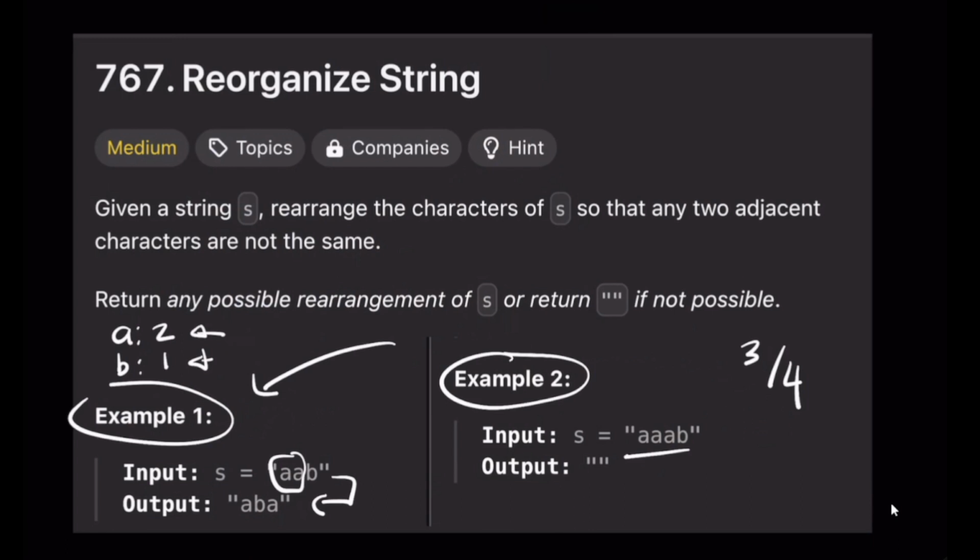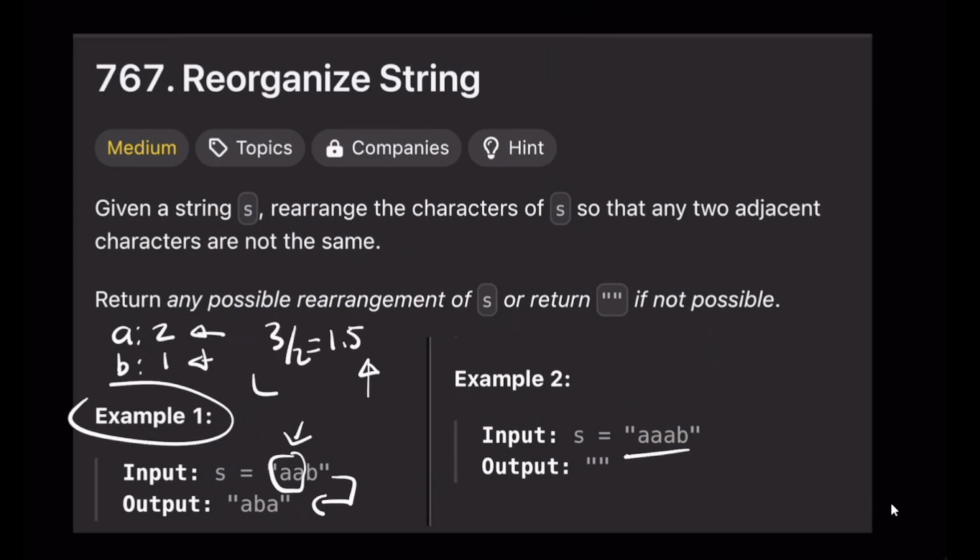A is 2 and the total length is 3, right? So I realized that if the given string has an odd number of characters, we have to round up, and that will be our limit of how frequent a letter can occur. So 3 divided by 2 is 1.5. Rounded up, it's 2. So no character in given string S can have a letter occurring more than 2 times. If that's the case, we return an empty string.